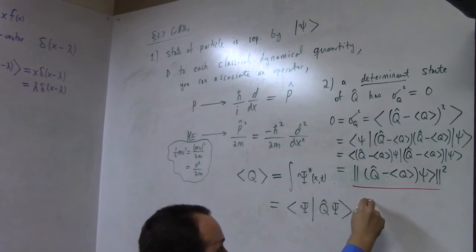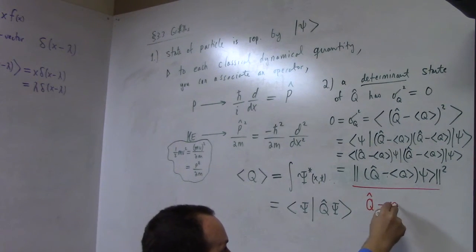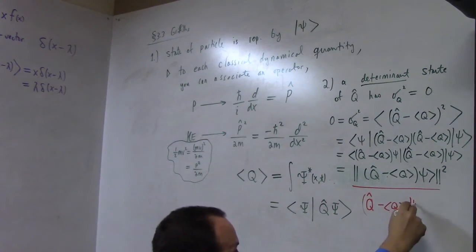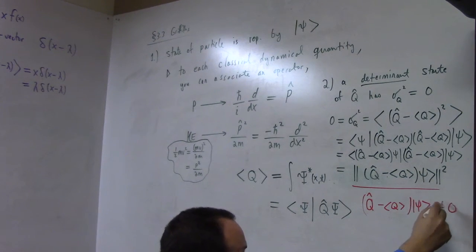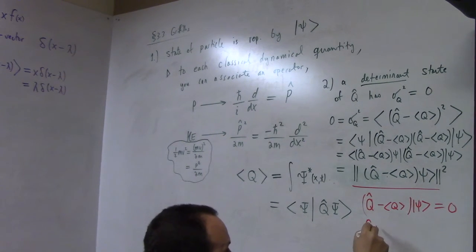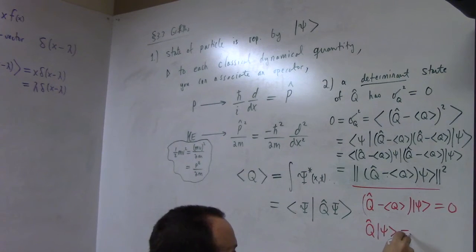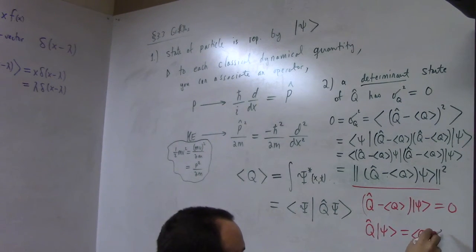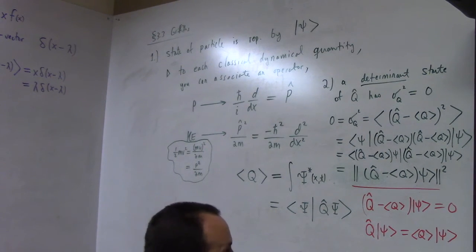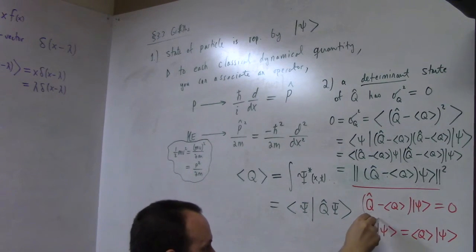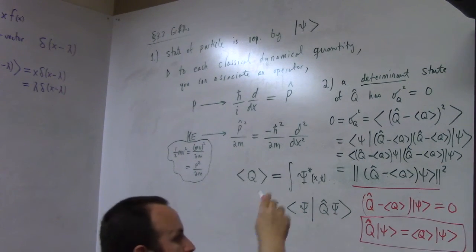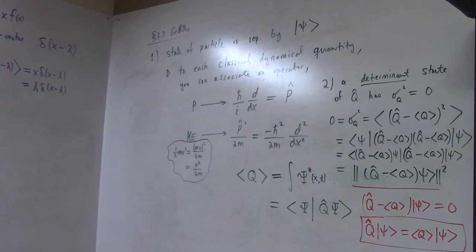So this gives us that Q hat minus Q psi is 0 itself, which is to say that Q hat on psi has to be equal to this on psi. Which says that a determinate state of Q hat is an eigenstate.